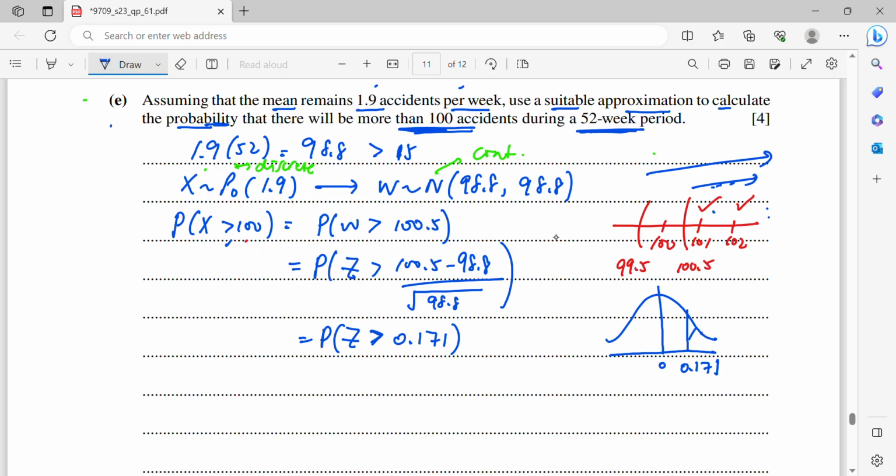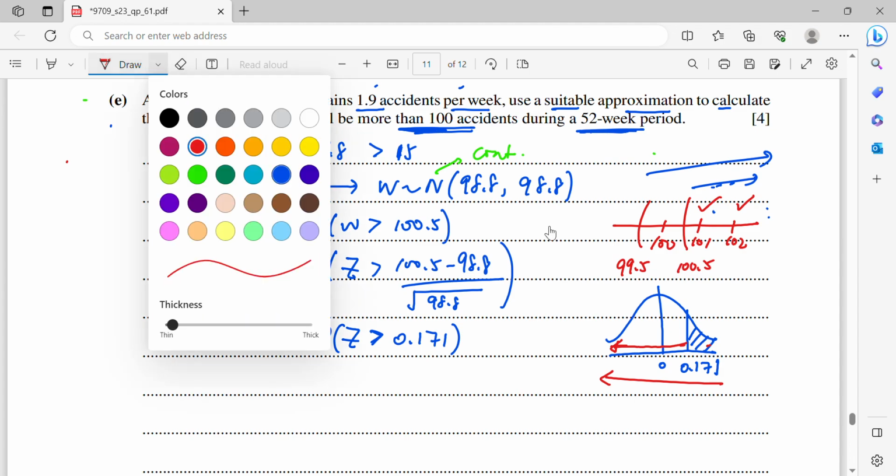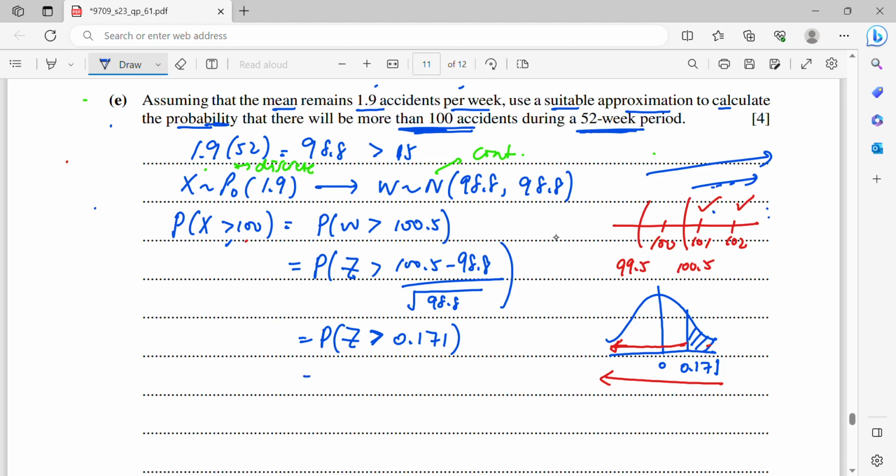That means it is towards the right side. And now, when you refer to the normal table, we can find the probability towards the left hand side, but not the right hand side. That means in order to get the right hand side, it will be total probability, which is 1 minus P(Z less than 0.171), as shown on the diagram here.